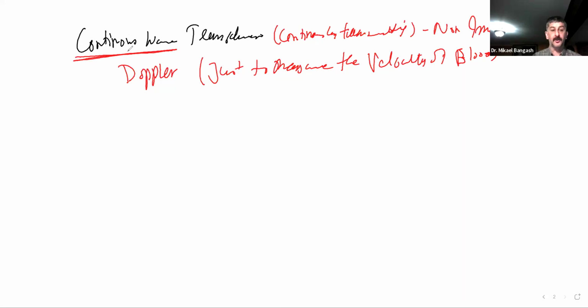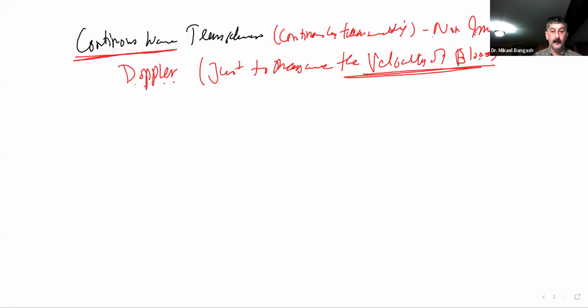Okay, so your continuous wave transducer will not provide you an image, but it can still be used to provide you with the info, which is the blood flow, or the velocity of blood.